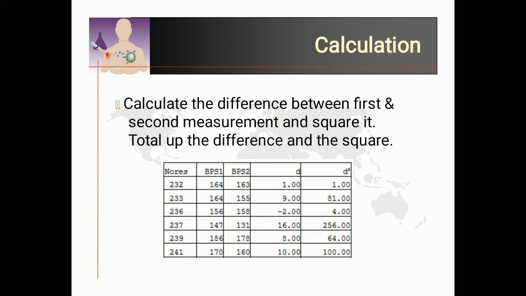So this is the value of D. Now we will determine D square: the square of 1 is 1, square of 9 is 81, square of minus 2 is 4, square of 16 is 256, square of 8 is 64, square of 10 is 100.